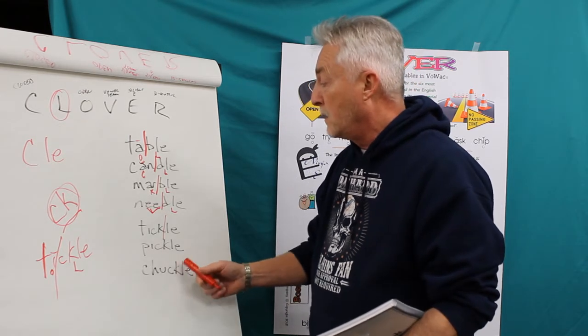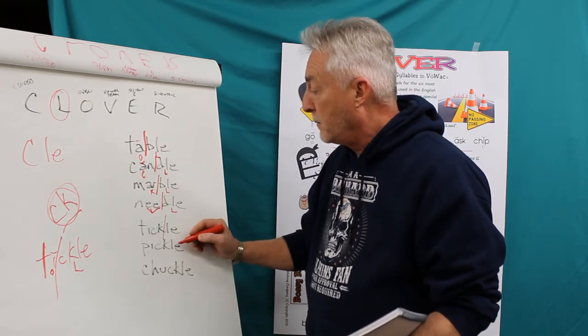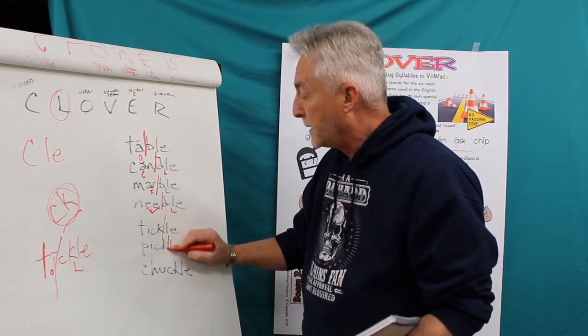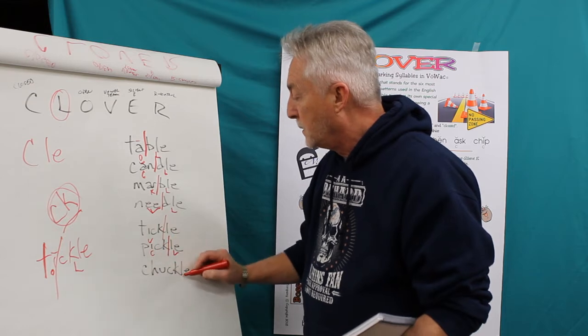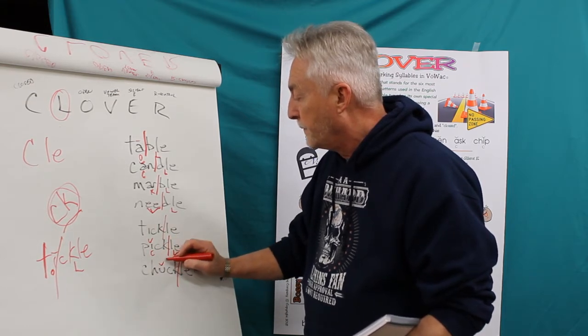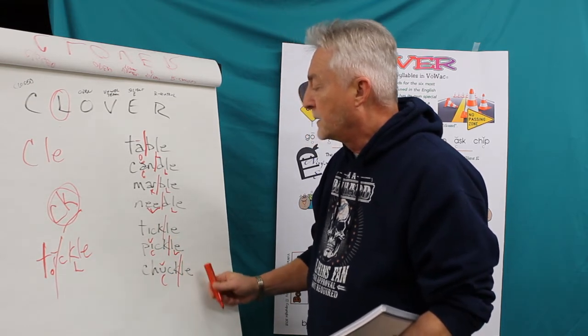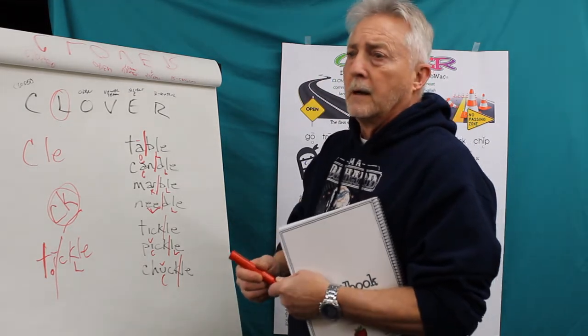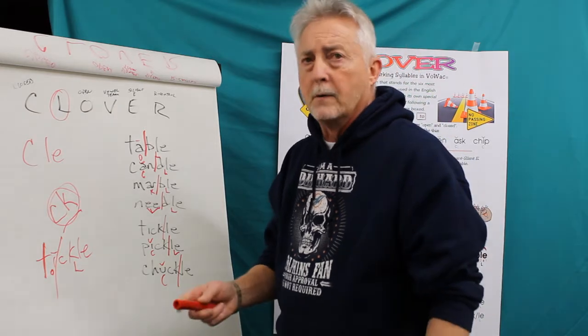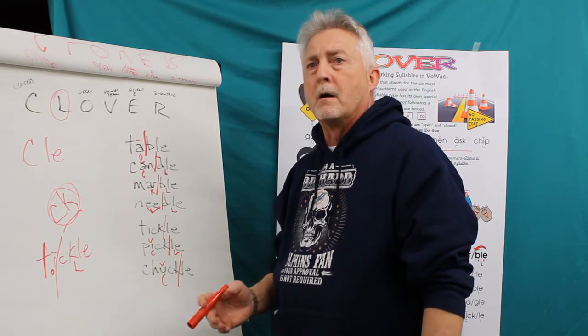But let's continue on. Consonant le, count back 3, except for ck, count back 2. There it is. There's your closed syllable, chuckle. Okay, and certainly you can play with this, and you can talk about going to Mickey D's or wherever, and you ordered a hamburger with everything on it except the pickles.